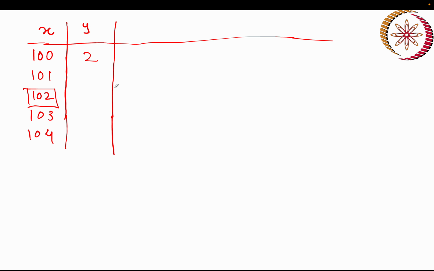At 101, the value is 2.0043. At this there is no value given, so we'll say y, let's say y2. So this is y0, so this is x0, this is x1, this is x2, this is x3, and this is x4. So similarly this y2 corresponds to the x2 value, and the next value which is given is 2.0128, and the next value is 2.0170.